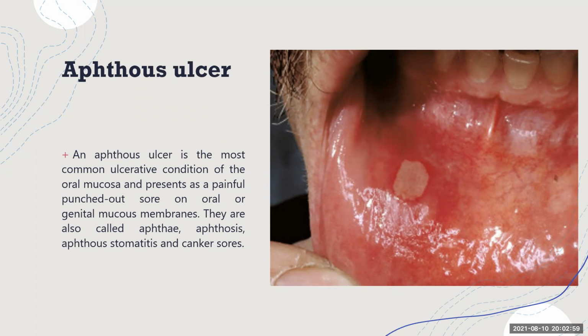But actually these are mostly infectious ones, usually caused by the hand, foot and mouth disease virus. Remember that virus. But those who are deficient in vitamin B12, folate, or iron can also get these aphthous ulcers. Most of the time, the etiology is unknown.